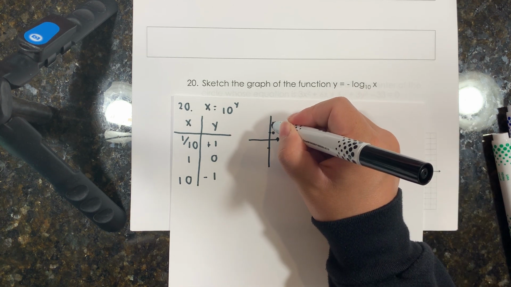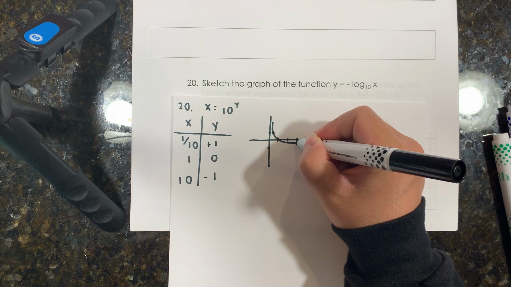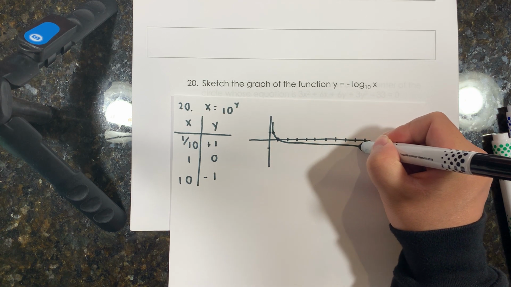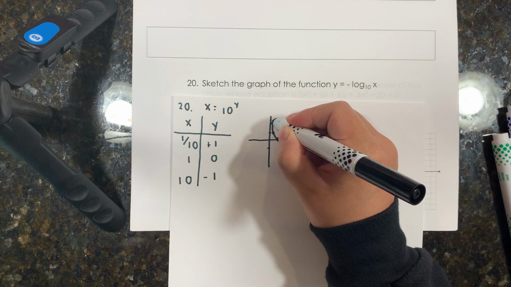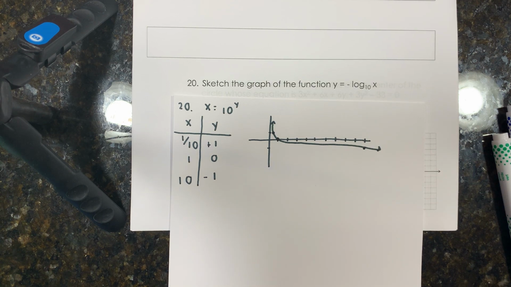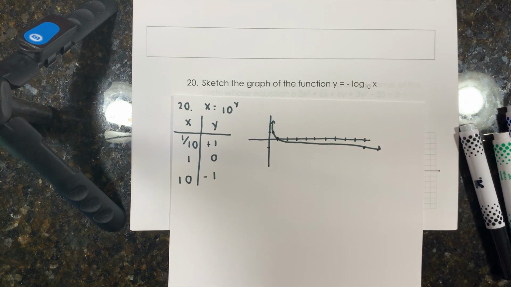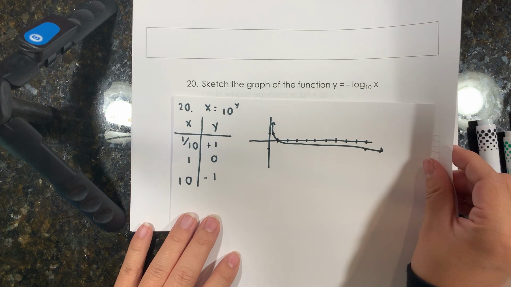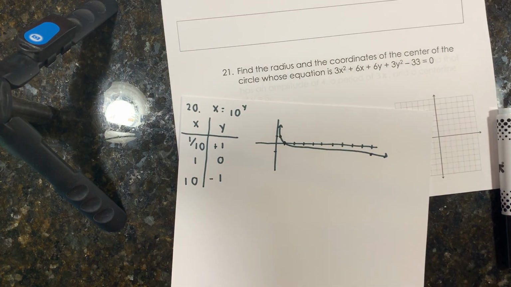So this should be what your exponential form looks like. And that's it. So I didn't plug in that negative sign until after I already evaluated for the positive of it. It does make that easier.